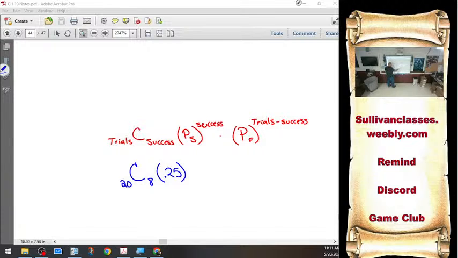I want him to do that 8 times, right? If your chance of being successful is only 1/4, doing that 8 times is going to be very low. But I balance it out by saying he's going to fail that many times. And then I jam it in my calculator.